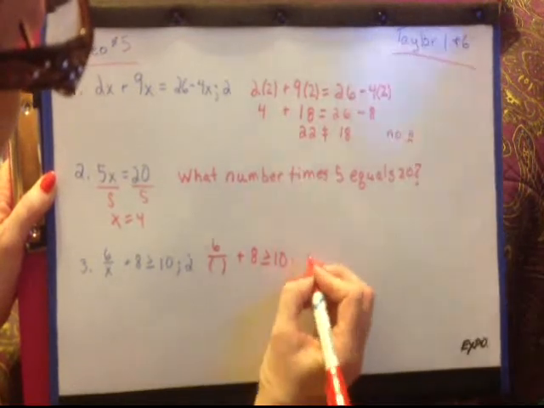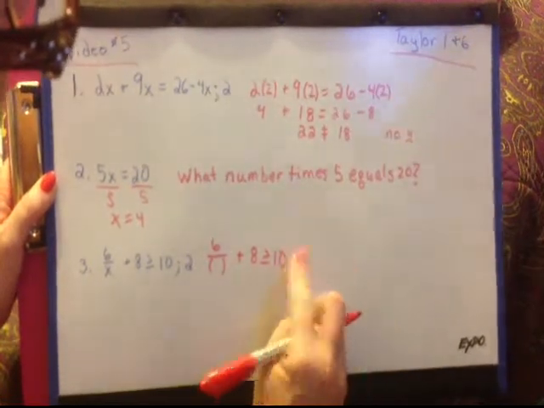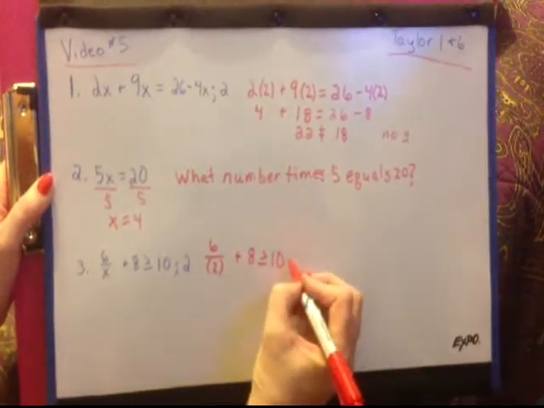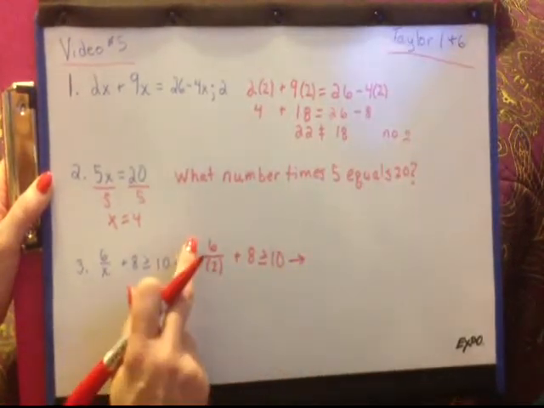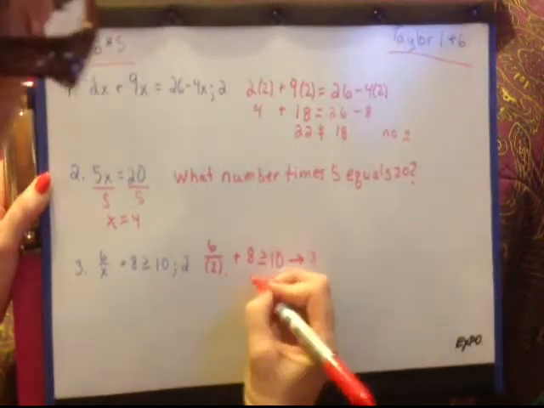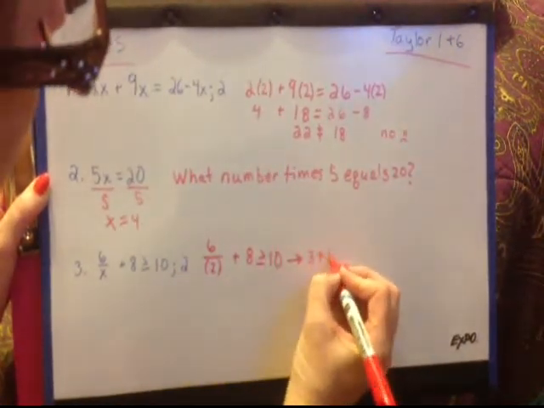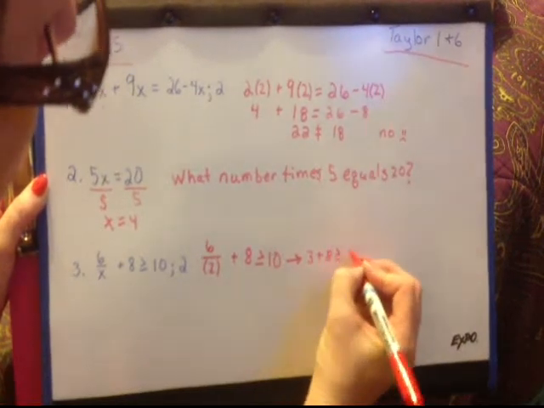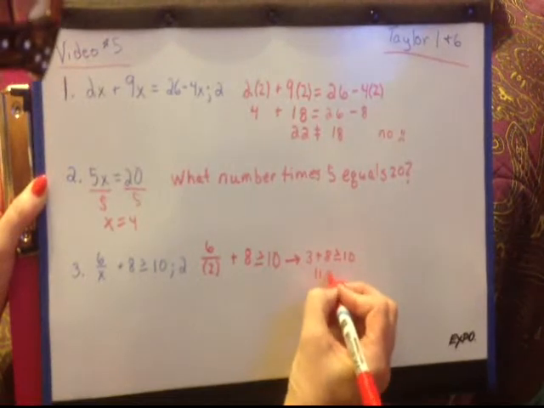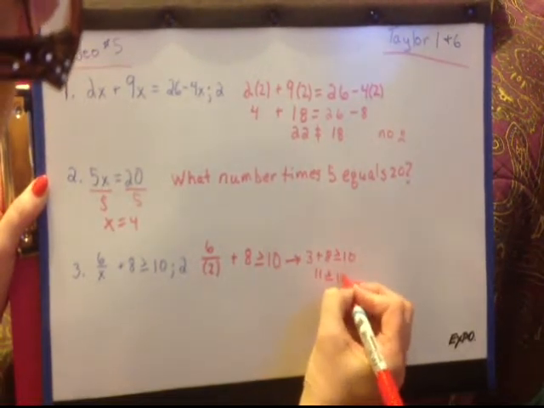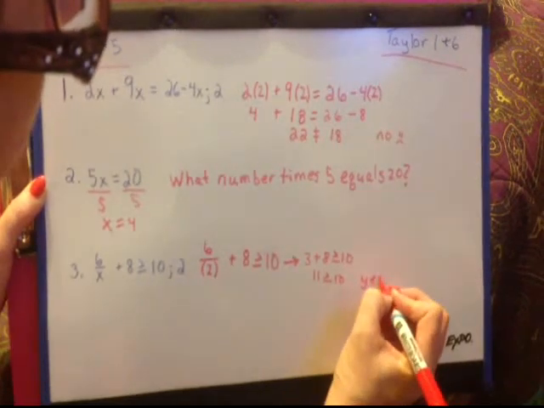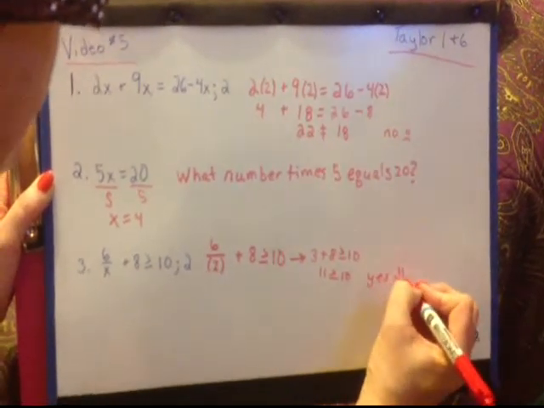And the number that we are testing is 2. So we're going to put 2 here. All right. So 6 divided by 2 is 3, plus 8 is greater than or equal to 10. 3 plus 8 is 11. 11 is greater than or equal to 10. So yes, this is a true statement. Yay!